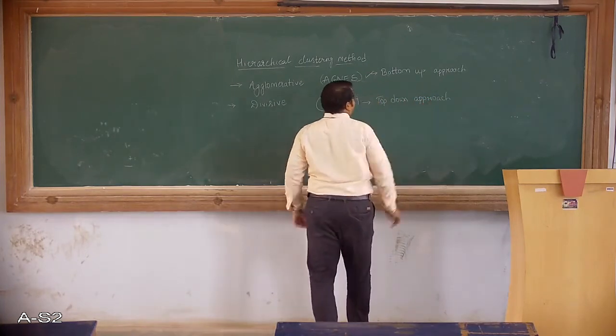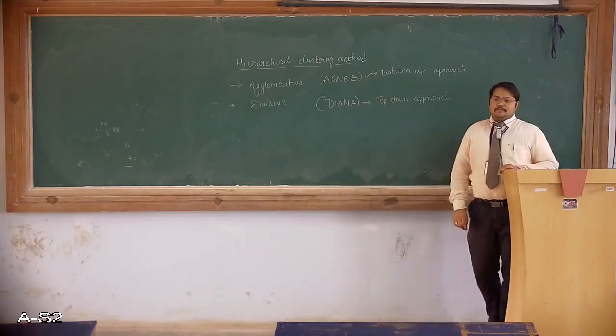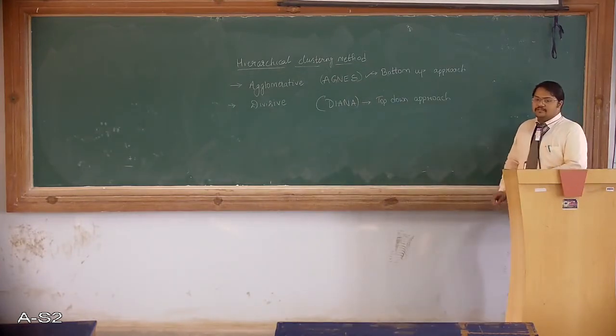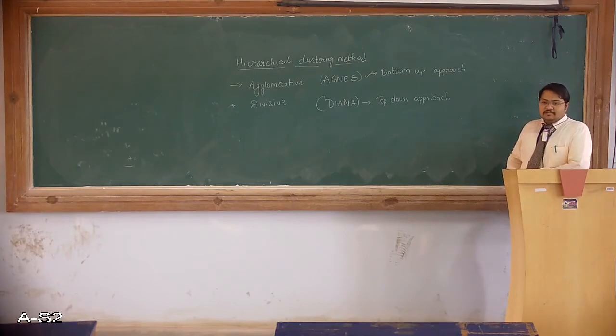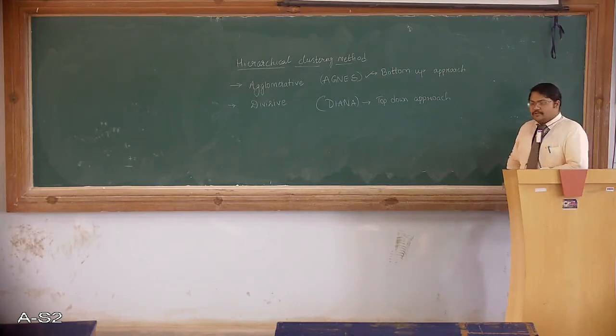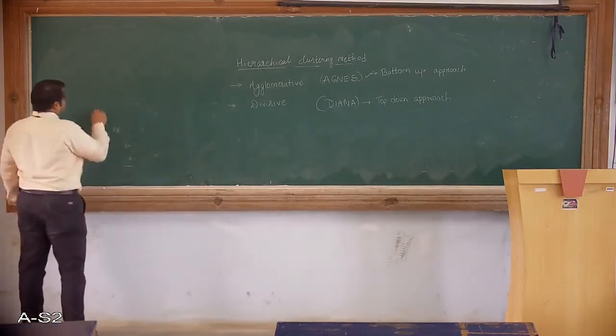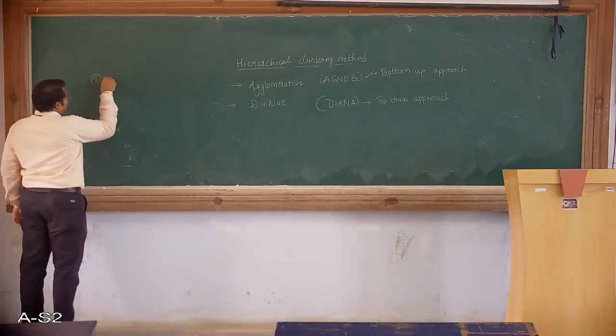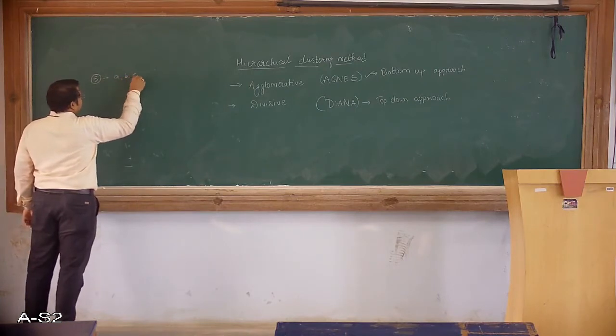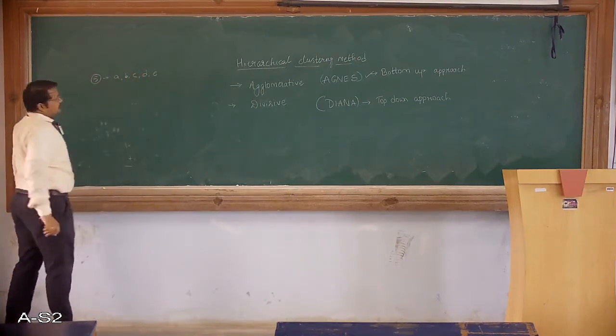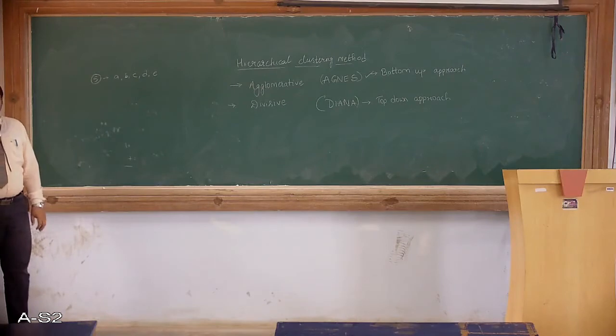When we speak about agglomerative clustering, initially it will have n clusters for n different objects. In the sense, for every element one cluster is formed. Let me take an example. I have 5 elements A, B, C, D and E.